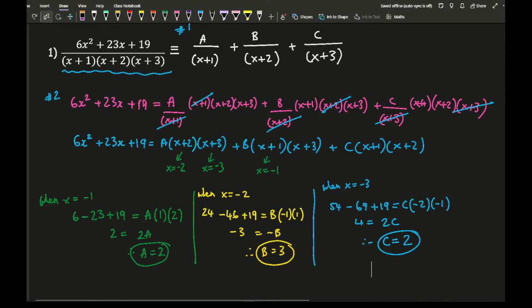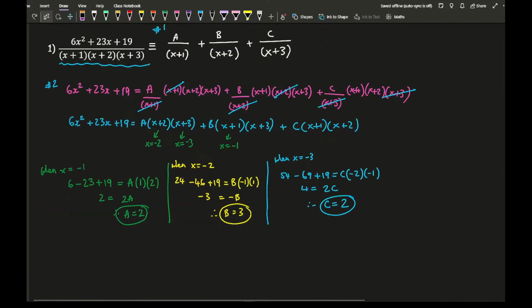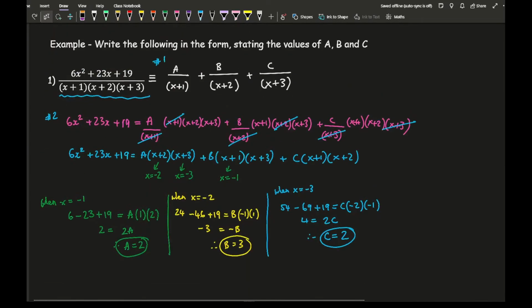And then all I've got to do is return back to the original equation. So let me just zoom out so I can actually see what the original question was. So my final answer is going to be 6x squared plus 23x plus 19 over x plus 1, x plus 2, x plus 3.